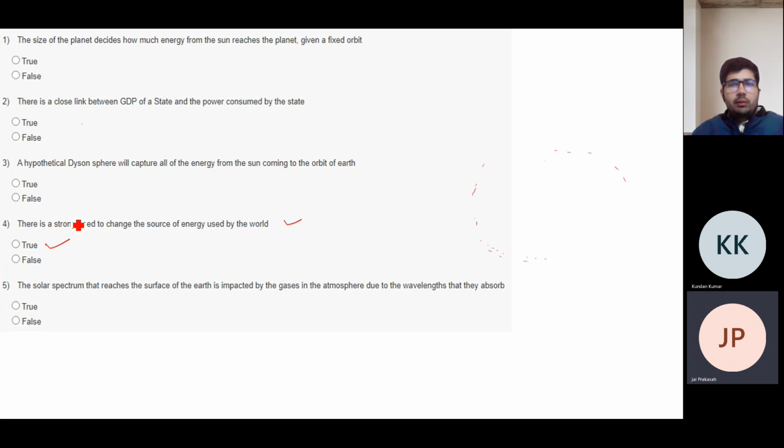So we have huge scope for it. We are also moving toward the hydrogen economy, other renewables, and wind energy. So there are various ways all over the world we are focusing on. Basically, we are moving towards clean energy.